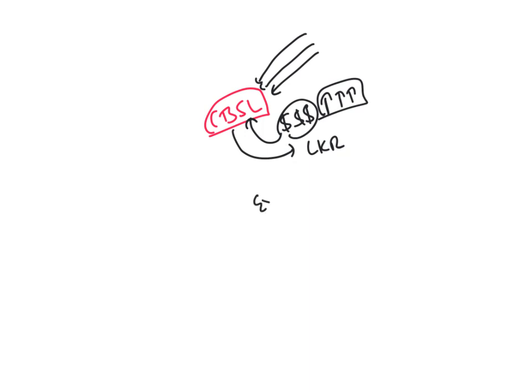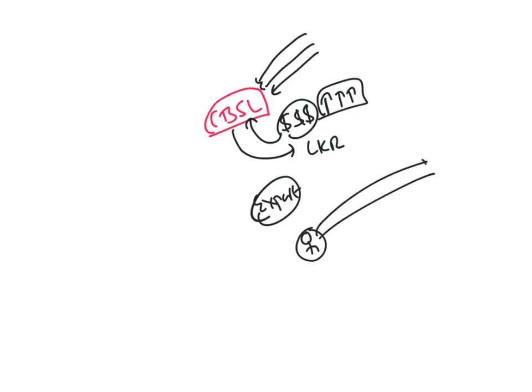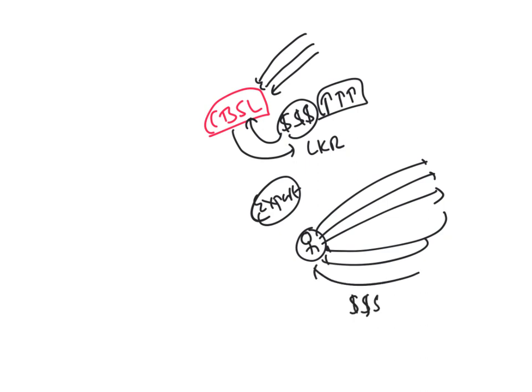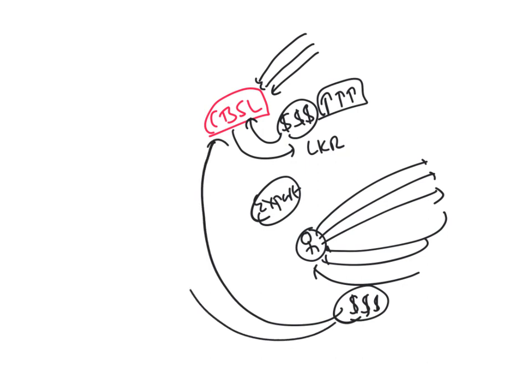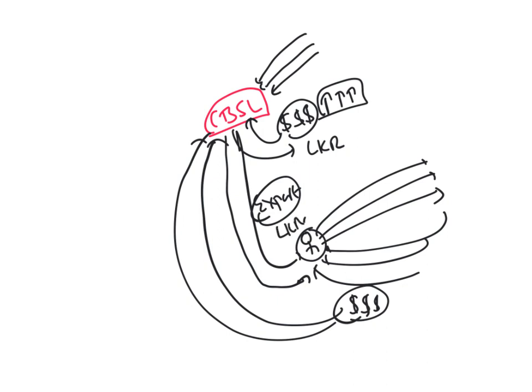Whenever there is an export transaction, a Sri Lankan trader sells his goods to other countries and receives money in dollars. He gives these dollars to the central bank and takes Lankan rupees. Again, the foreign currency reserves will go up.